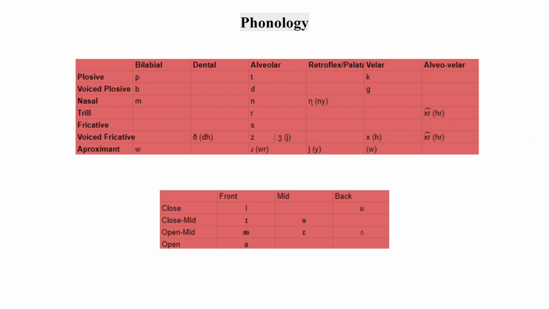The sounds featured in the language are ba, da, ga, ma, na, nya, r, kh, sa, z, j, h, wa, ra, ya. For vowels, we have an 8-vowel system.